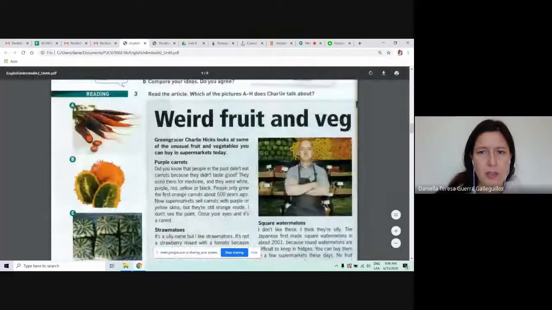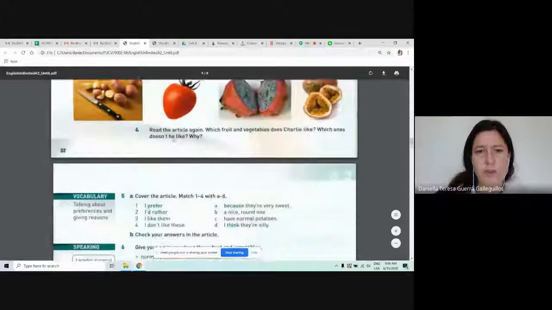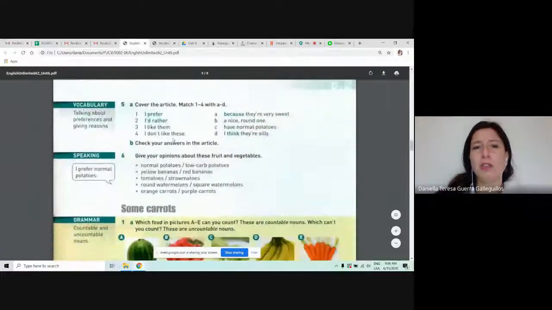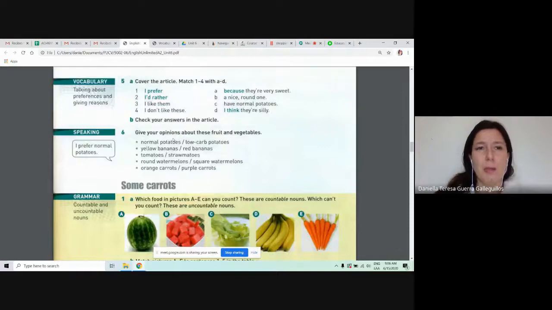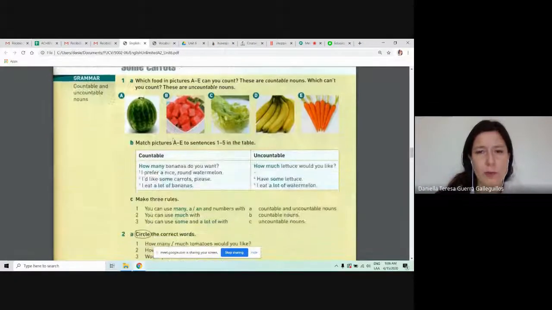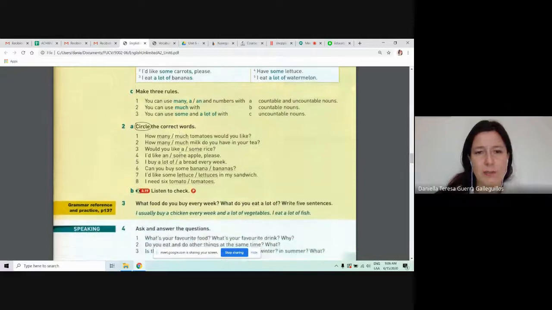That is, we are going to finish talking about food in general, vegetables, and now we are going to be talking about preferences and giving reasons in relation to food. Again, with how much and how many with the use of some and a lot of.